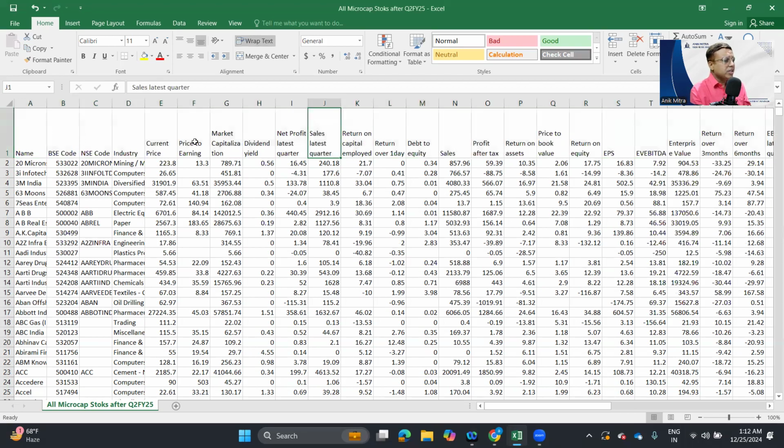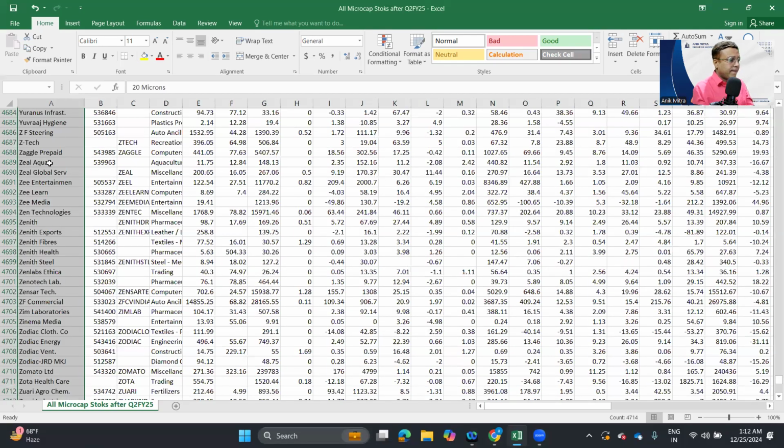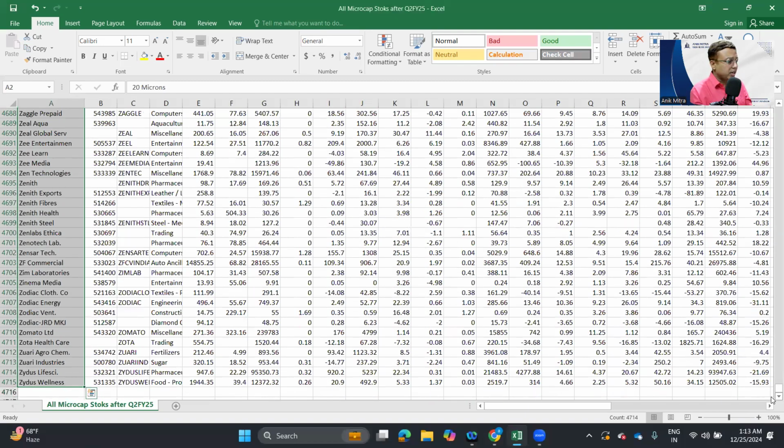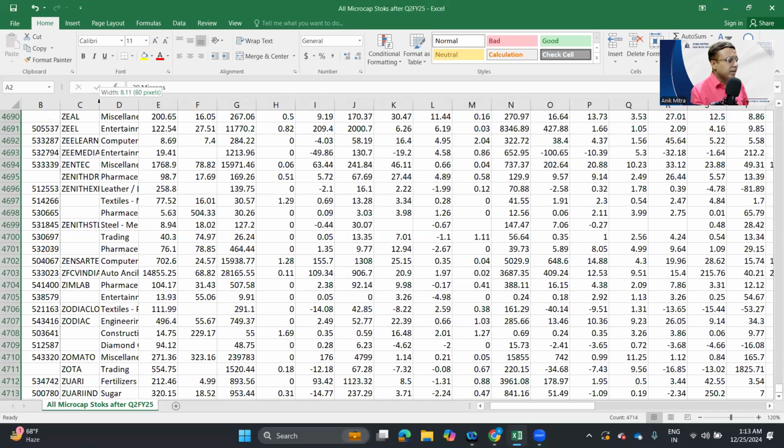Now my first target is this list I was referring to. I hope my screen is visible. There are 4,715 stocks visible in this particular list. It looks a little big, right?